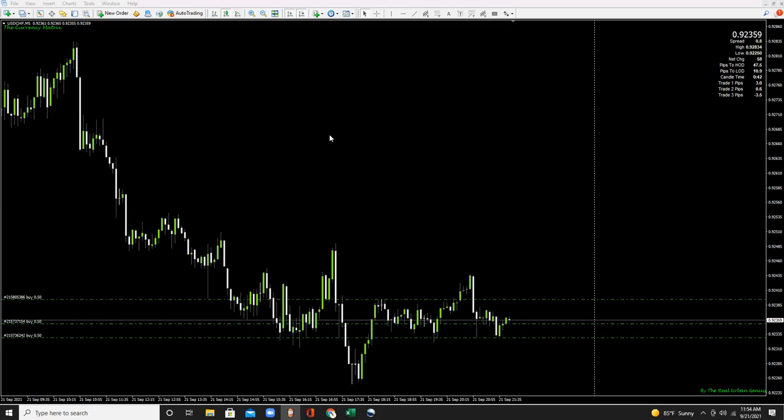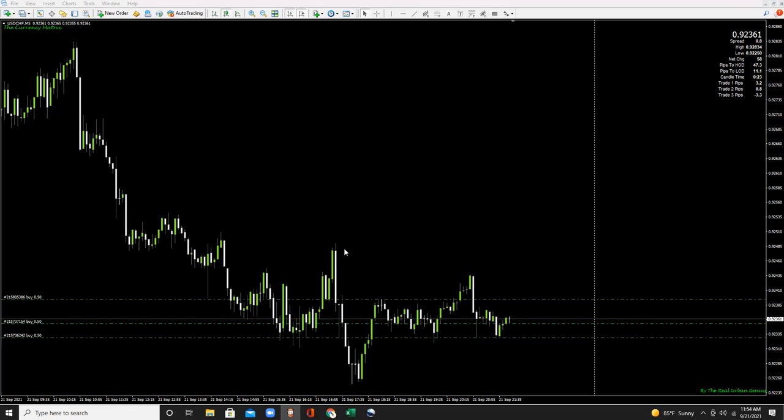All right, and I'm just going to point out a few things here. Of course, we have the candlesticks on our chart. A white candle symbolizes a candlestick that closed lower than which it opened. A green candlestick is indicating a candle which closed above the level in which it opened at.